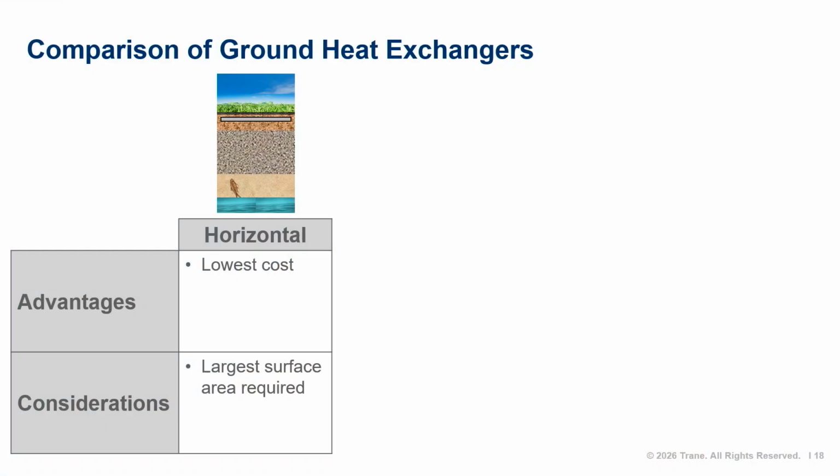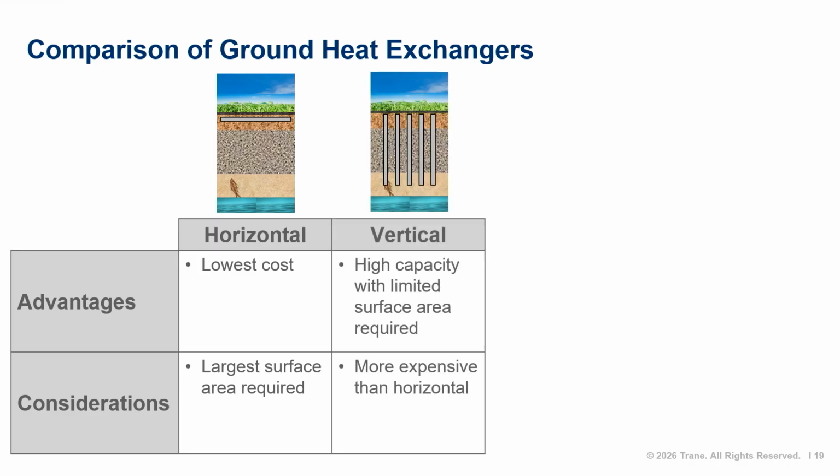Let's recap the ground heat exchanger types. Horizontal ground heat exchangers can be the lowest cost option if you have a lot of surface area or a limited system capacity. If the surface area is limited or the system capacity is too high, then vertical bores may be a better option.